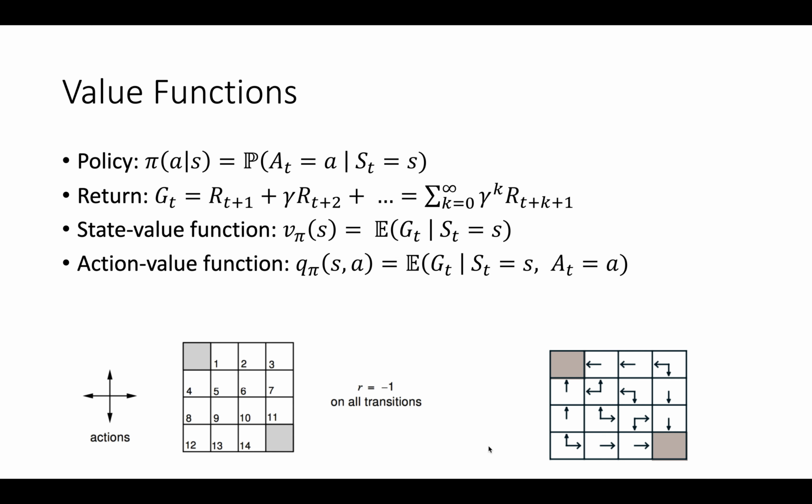And if we're in state 3 and we take the action right, then the action value is -4 because we get a reward of -1 and it brings us back to state 3, and the value of state 3 is -3.